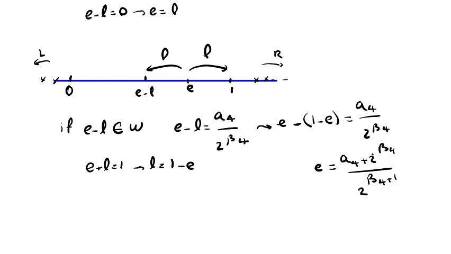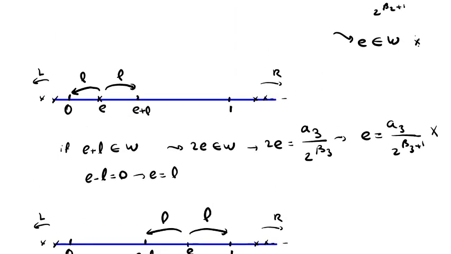Also, you can say this is less than this because e is between 0 and 1. It has the same form, so it is in W, but we said we want to consider the first time that we reached W. So e was not in W. After e, we want to show we have no choice to reach W. So when we have these things, we are sure that e minus L is not in W because e is not in W. So we select L, left.